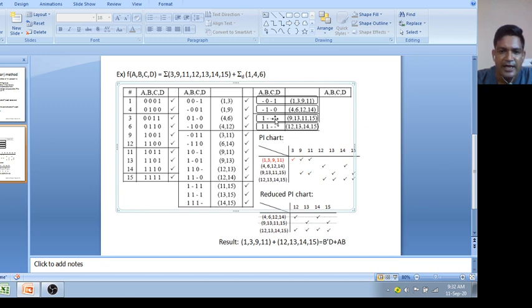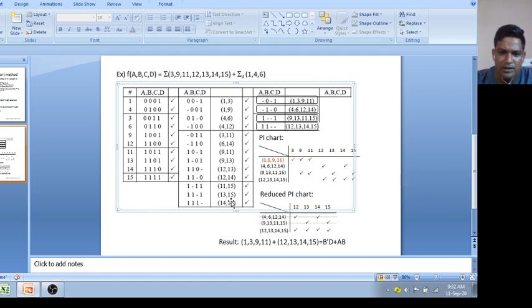Then 9 13 11 15, again the same thing, so just write down one time, 1 dash dash 1. Then 12 13, yes, 14 15, 1 1 dash dash.